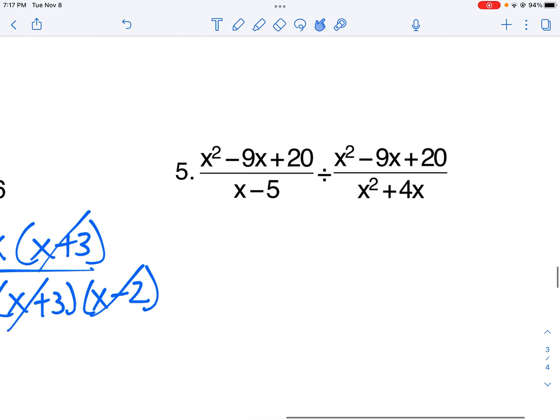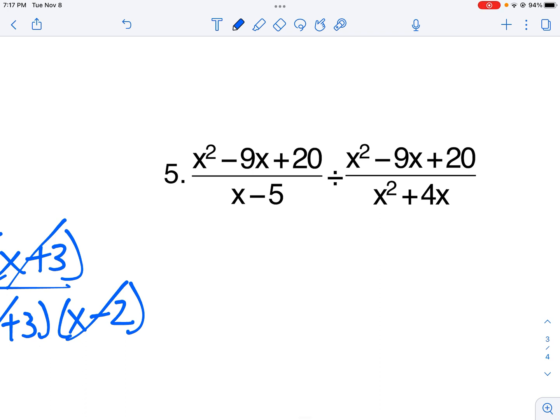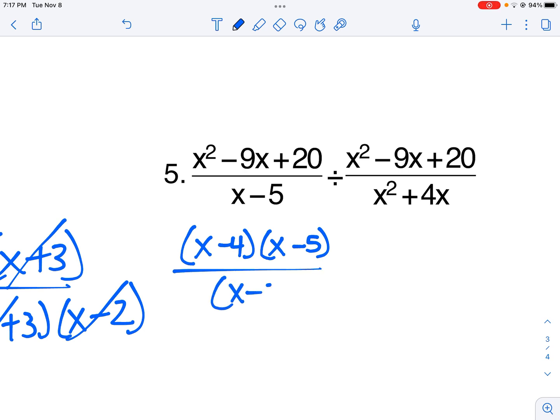So the second one is division. So again, factor. So we'd have x minus 4, x minus 5 divided by x minus 5. But remember, we switch it to multiplication and then we flip it.